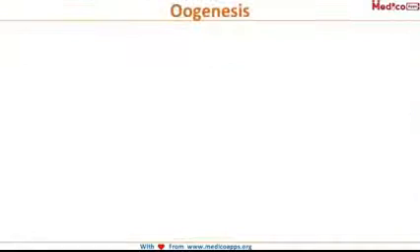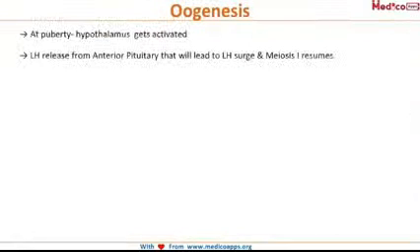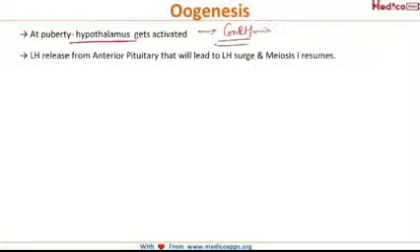Now at puberty what happens? The hypothalamus gets activated, and this hypothalamus secretes GnRH, gonadotropin releasing hormone, in pulses, and this gonadotropin releasing hormone acts on the anterior pituitary and thereby releases LH and FSH.